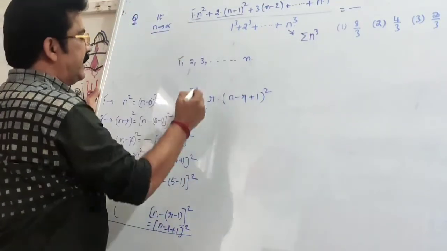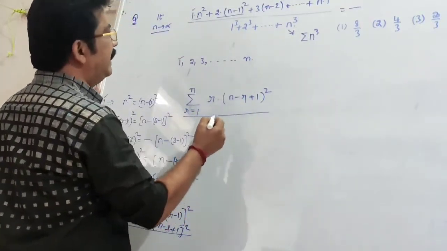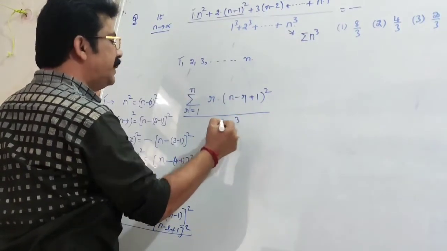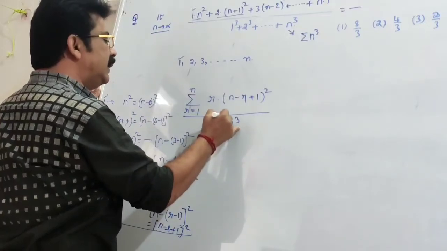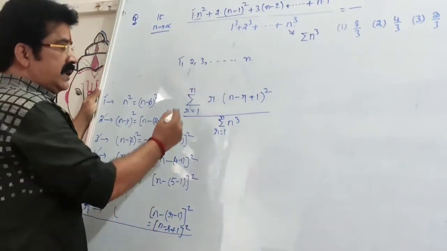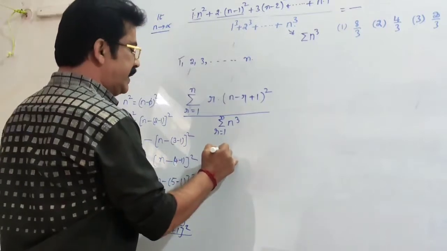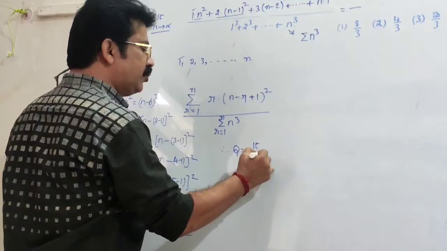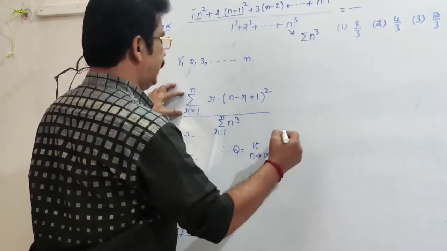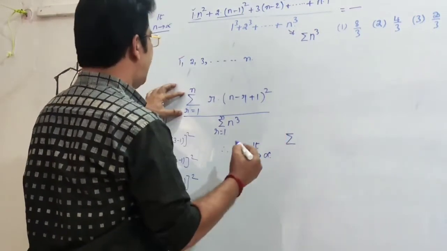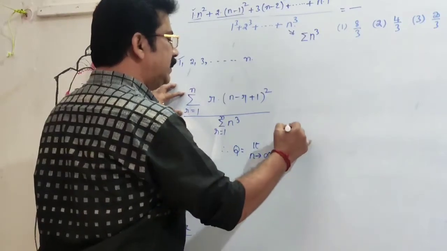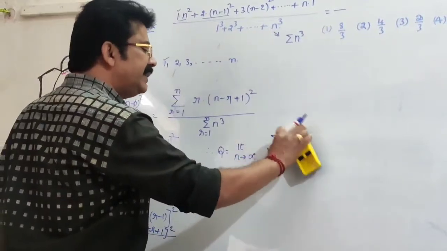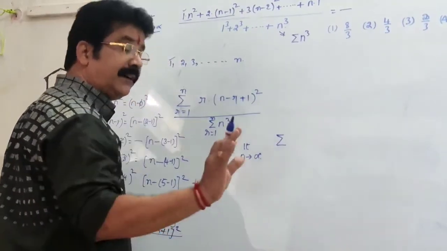So this is the numerator, divided by sigma n cubed, r equal to 1 to n. So this is the question. The question equals limit n tends to infinity of the numerator, sigma r equal to 1 to n. Remember, sigma means r goes from 1 to n.